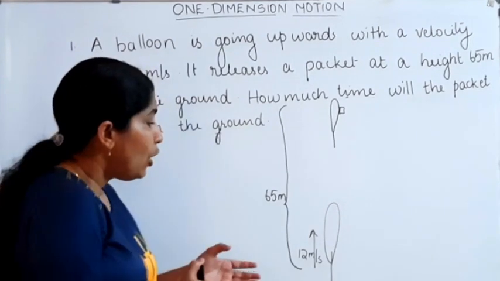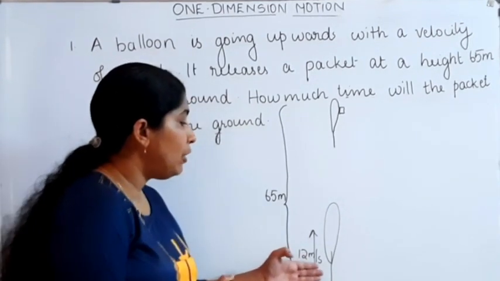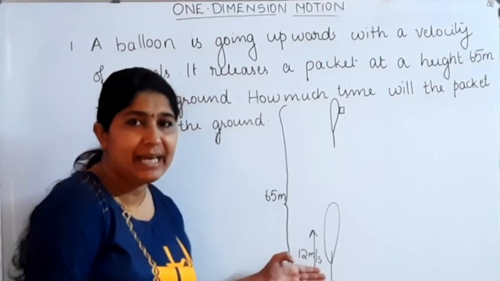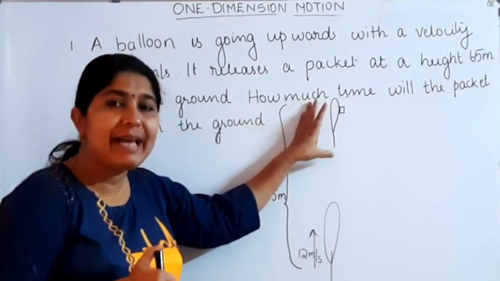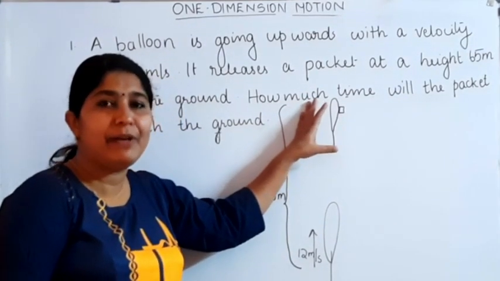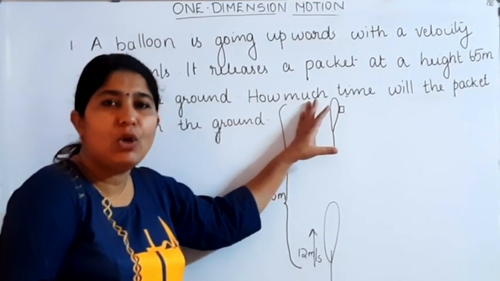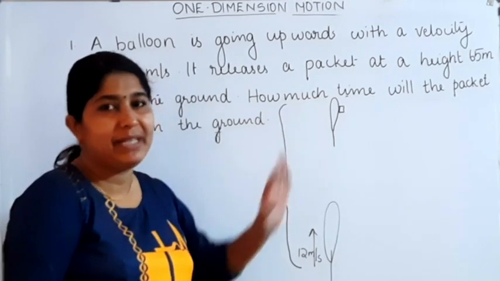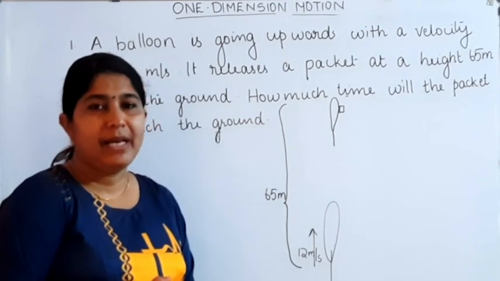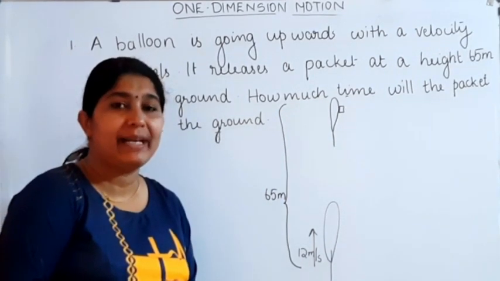For this, we know that the velocity of the balloon is 12 meter per second. When the balloon reaches a height of 65 meter from the ground, it possesses a velocity of 12 meter per second. Then what about the velocity of the packet?